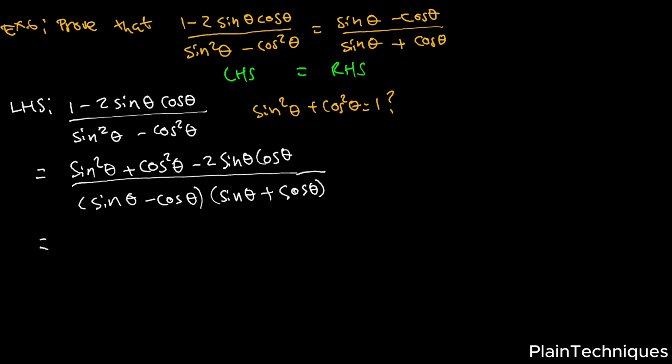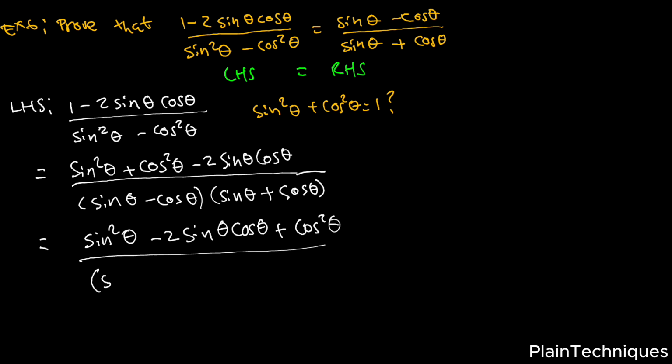What I'm going to do is rewrite my numerator in order. So sine squared theta minus 2 sine theta cos theta plus cos squared theta, divided by my denominator as it is. All right, now look at this.